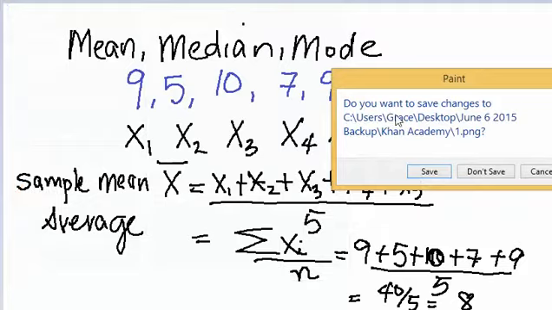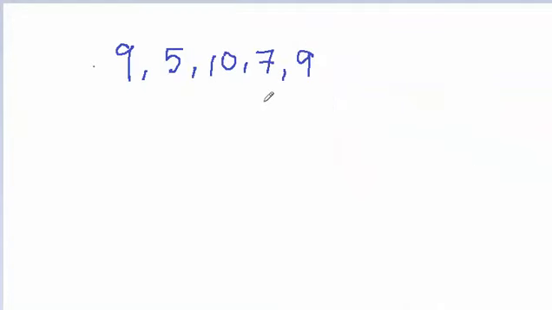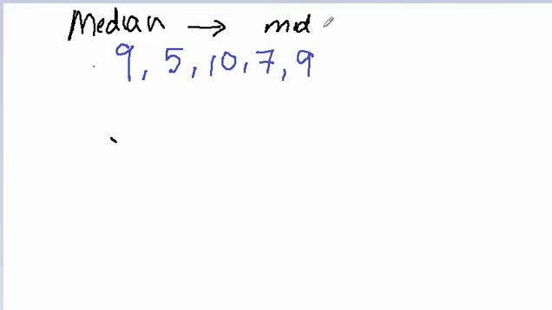Now you want to calculate the median of the 5 test scores. What you do with median is just get the middle number, but to be able to get the middle number, you have to put these in ascending order, from the smallest number to the largest number.